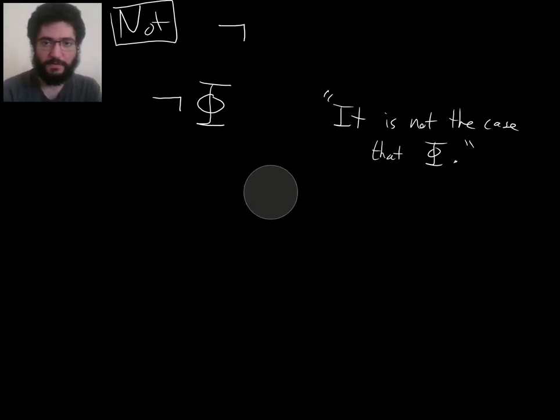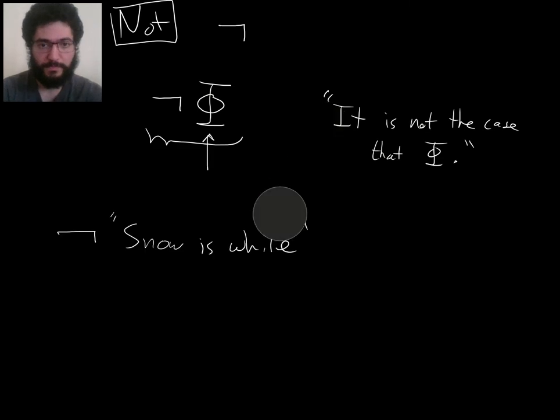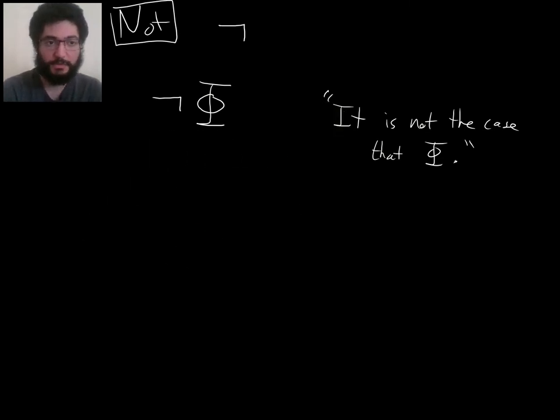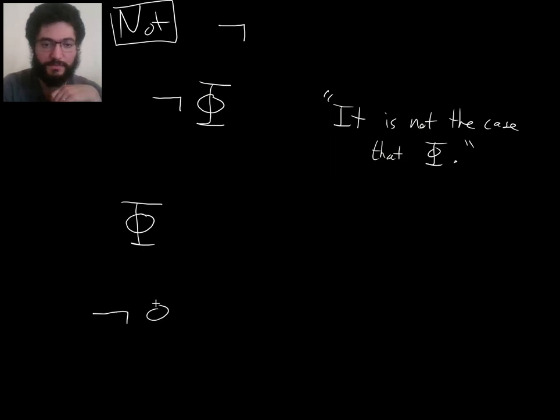Now, if you can prove phi, then we say that phi is true, right? If you can prove not phi, or it is not the case that phi, then we say that phi is false. So this kind of gives a meaning to the word false.